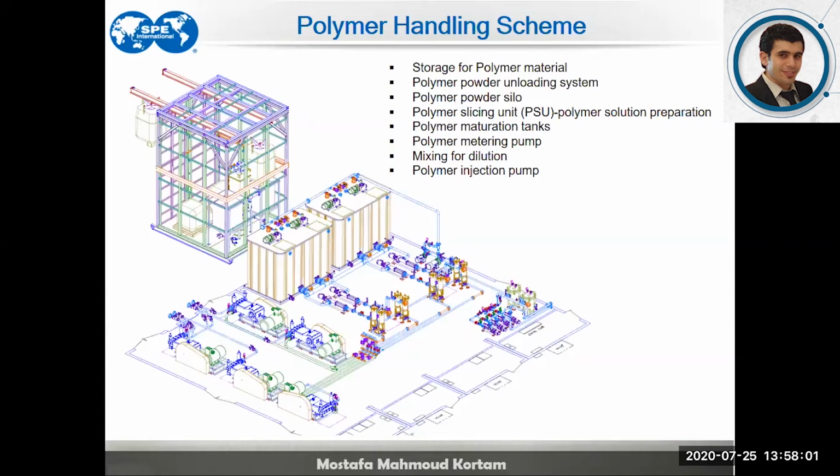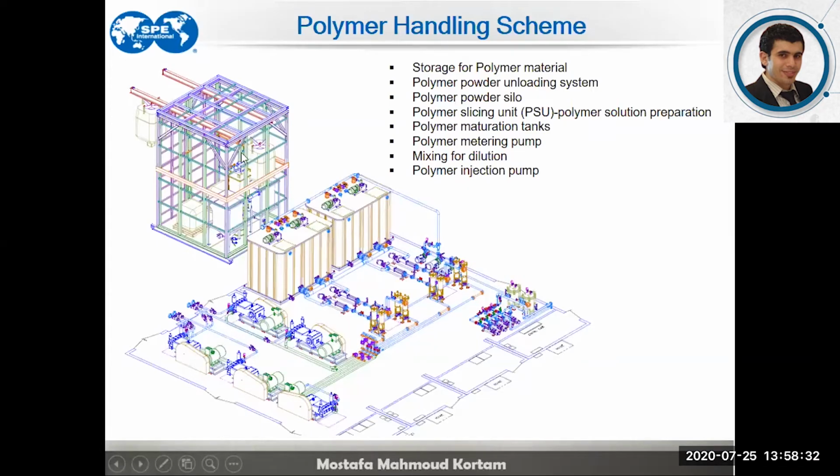Any polymer injection field that utilizes a powder unit has a standard scheme that contains the following items. There should be a storage for the polymer material, and a polymer powder unloading system, either by forklift or some machines to unload the bags of polymer in order to move it into the silo.